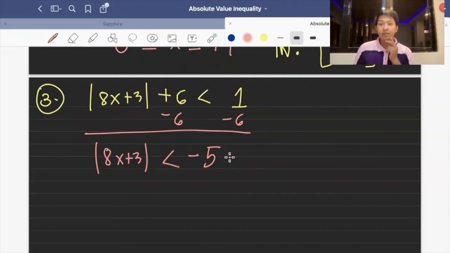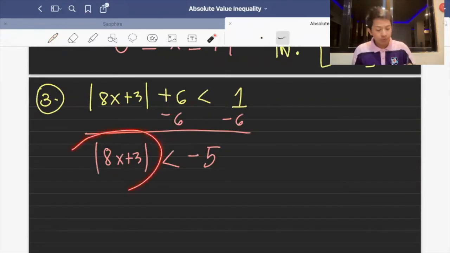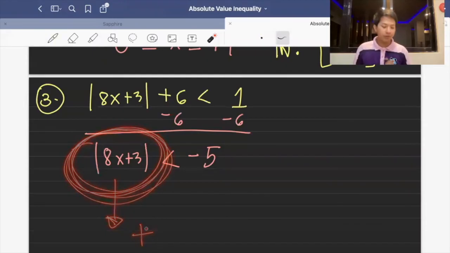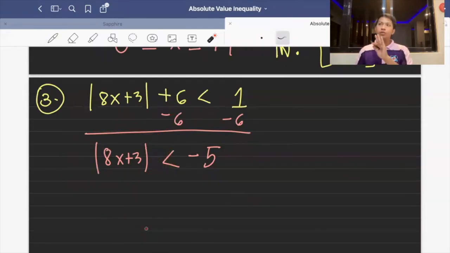Can you still recall? It is always positive, right? Correct. It's always positive. So in this case, class, before you do your greater or less than, just use your common sense first.